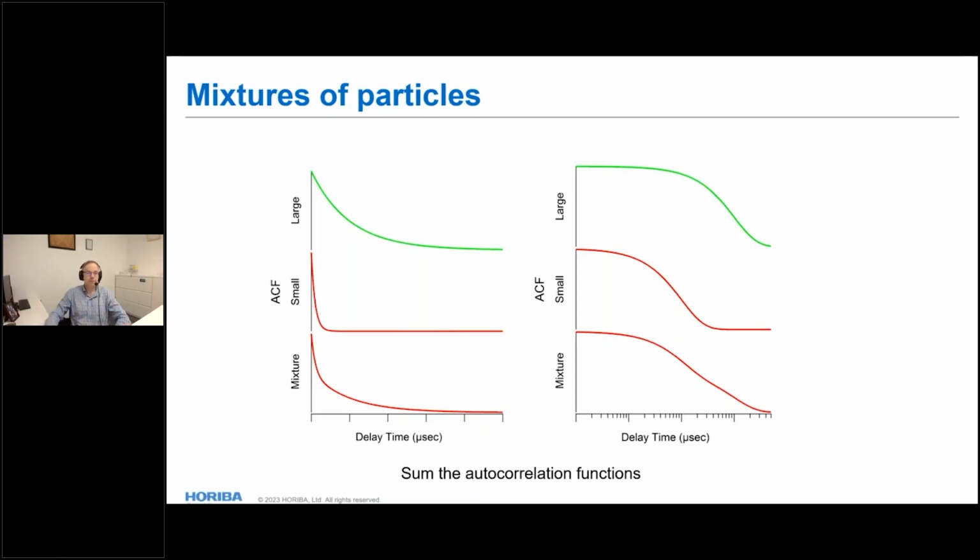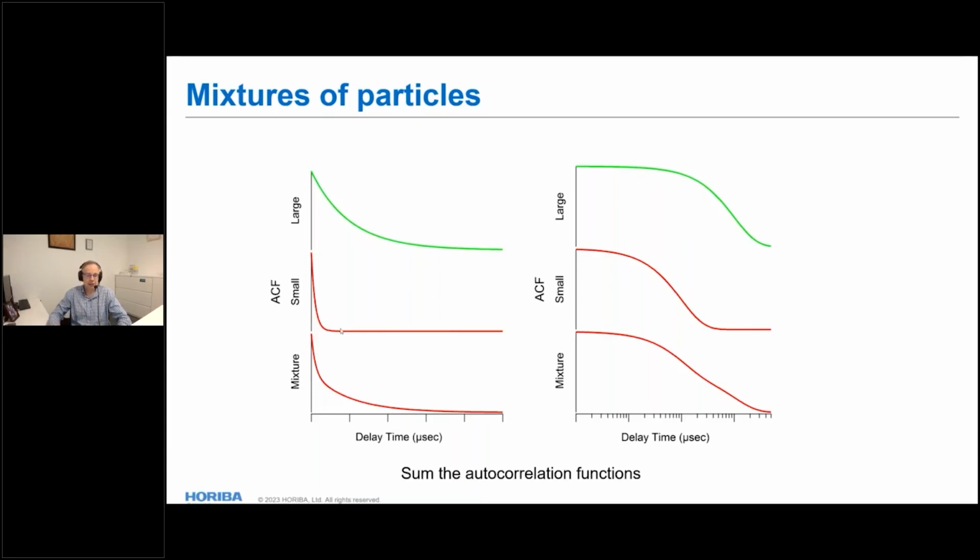So what's going on? Well, let's look at these autocorrelation functions. And on the left, I have a series of graphs with the delay time on the linear axis. On the right, it's the same data on a log scale. So your large particles have a very slow decay in the green. Your small particles will have a very fast decay.